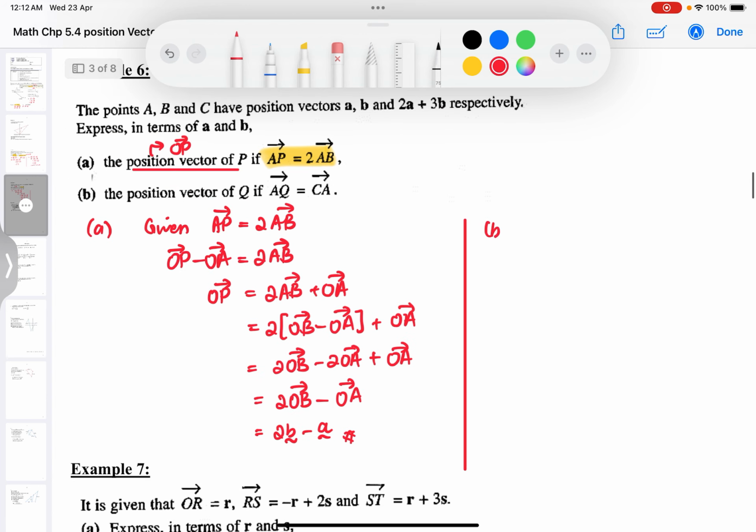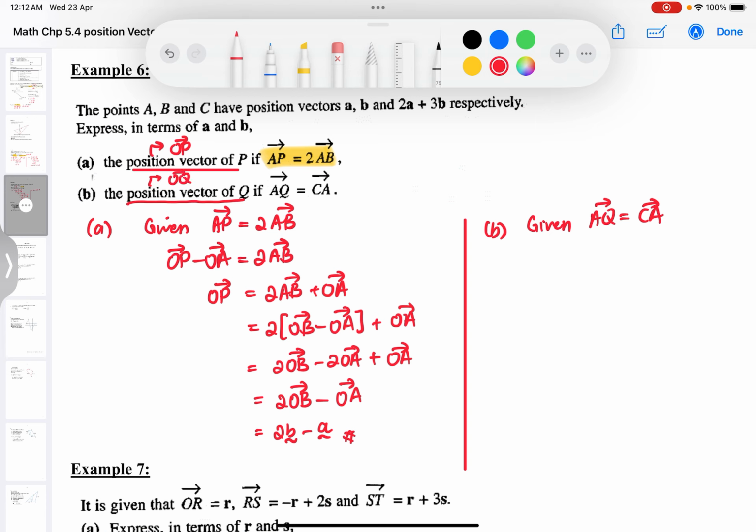Okay, for part B, you are given the same thing. You can pause the video and try now. You are given AQ equals CA, and you're asked to find the position vector of Q. So same idea, you have to find OQ.